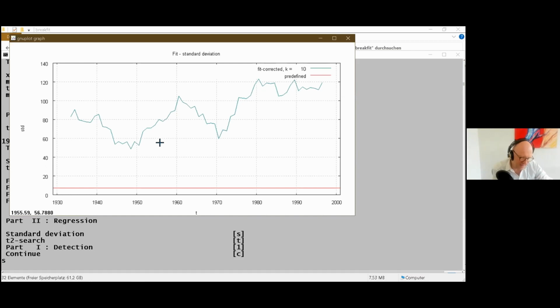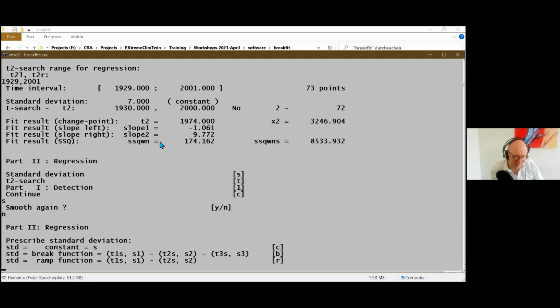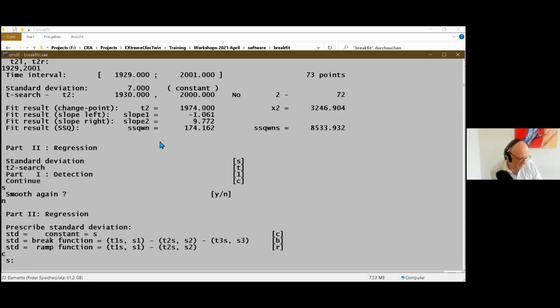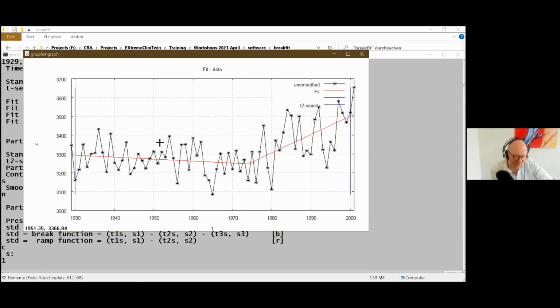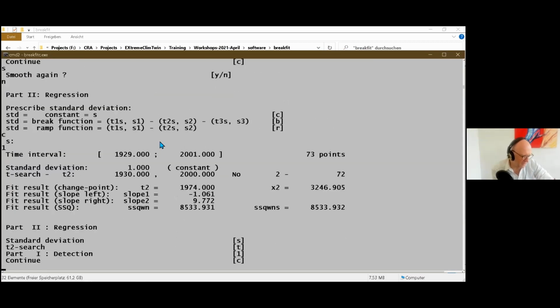I see it again, I click it away by enter. I don't want to smooth it again, no, enter. Again, I prescribe a constant, C, enter. In this case, I use 1, enter. Fit is again here, standard deviation, and now we have the values. And we get the identical results.